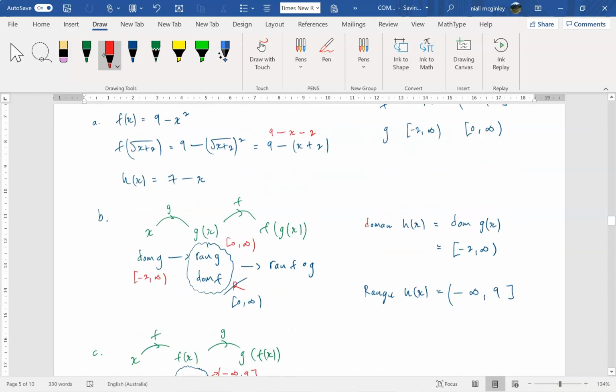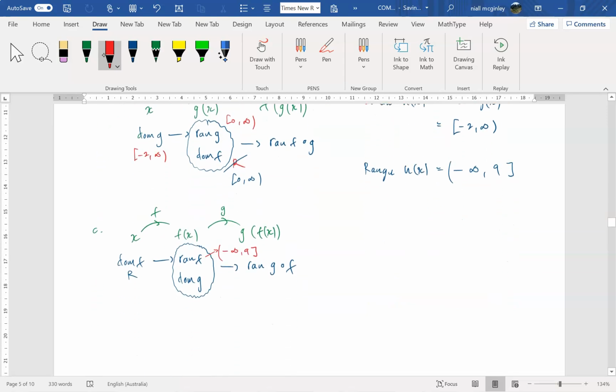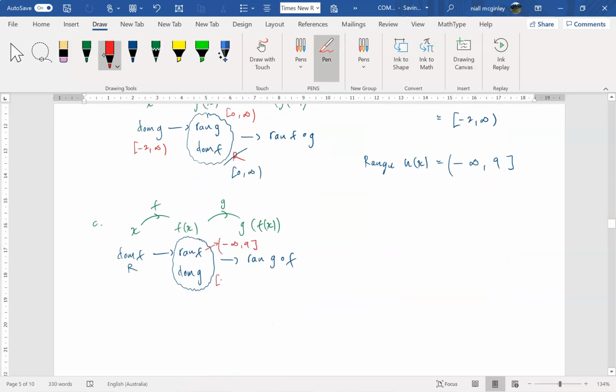Your domain of g is negative 2 to infinity. So you'll see why this is not going to exist. There's going to be lots of values here, anything less than minus 2 that you're getting out in the first part is going to stop the second part working. So that's why it doesn't exist.